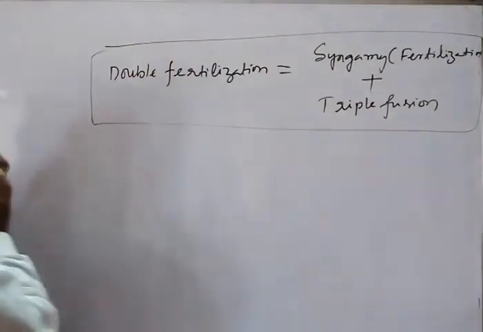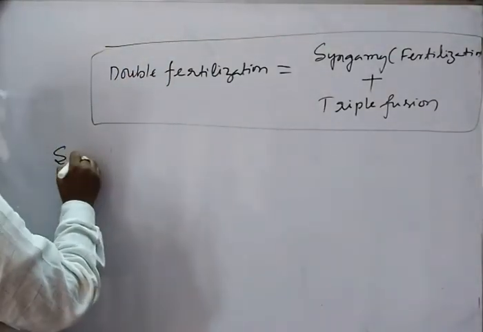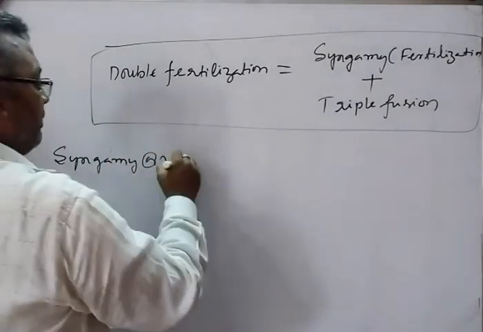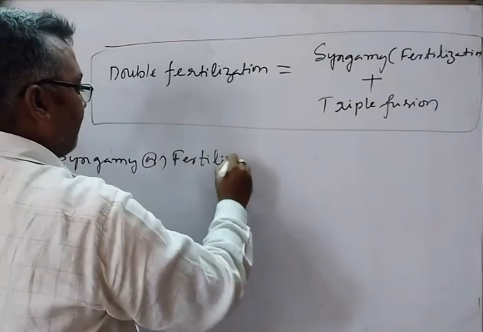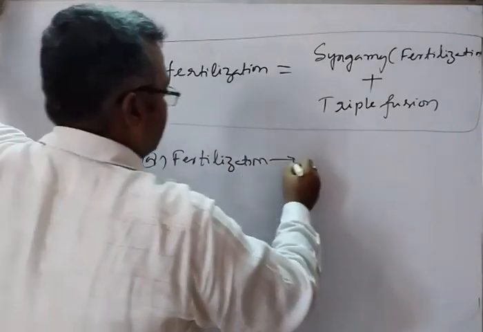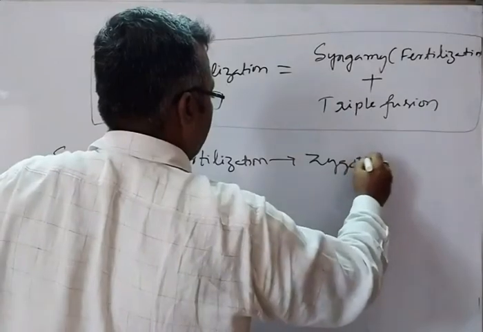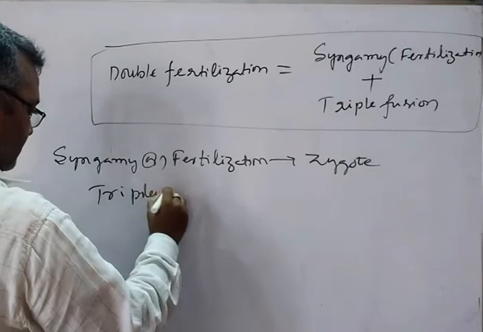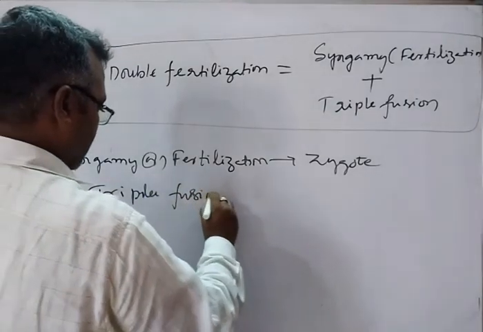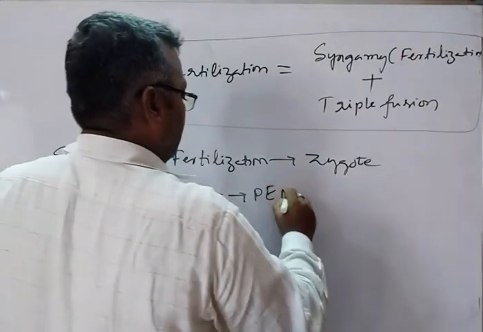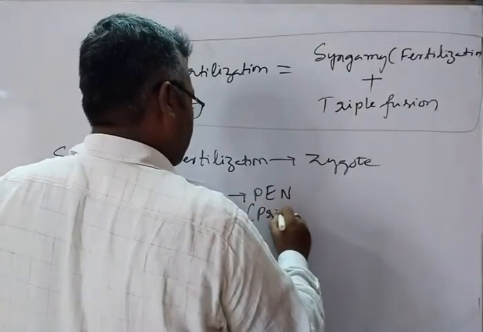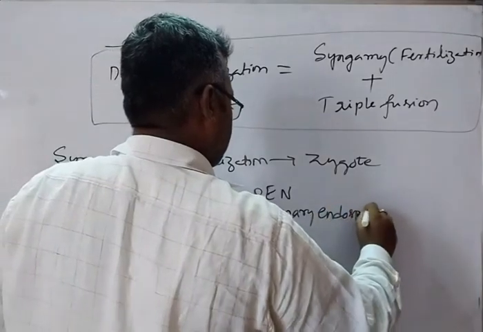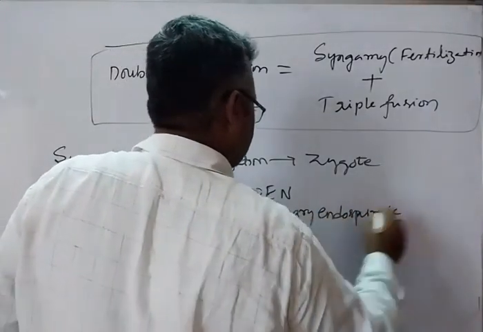In this, syngamy or fertilization results in the formation of the zygote. Triple fusion gives PEN, that is the primary endospermic nucleus.